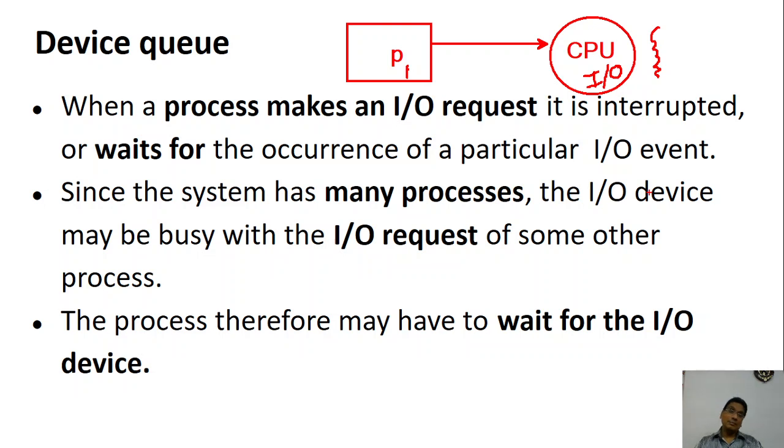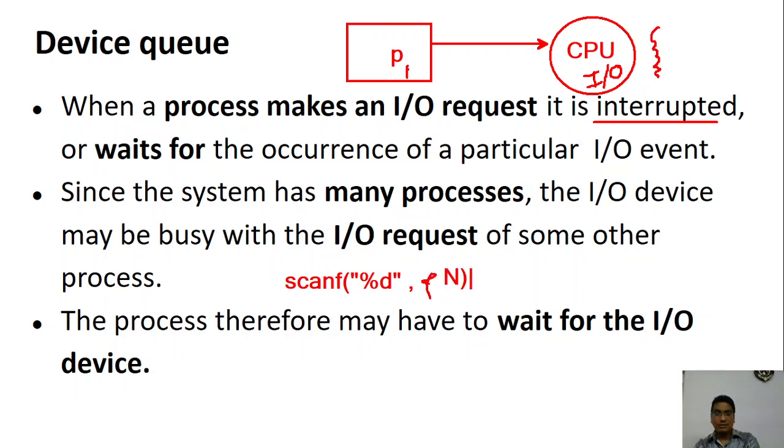So what the CPU will do, whenever there is an input output request by any process, that process is interrupted. It cannot proceed. For example, in your C program, I hope you remember, you have written scanf with %d and the ampersand symbol, ampersand n.